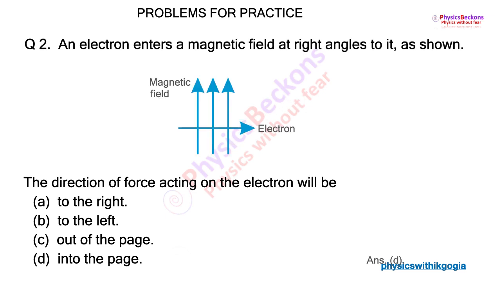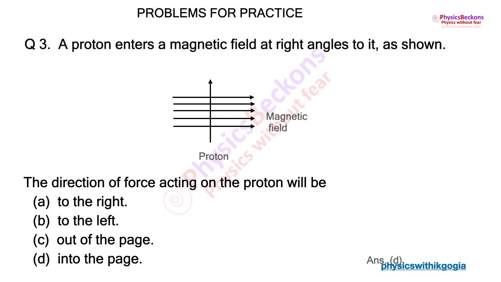Another example, the third; these are problems for practice. Say we have a proton entering the magnetic field perpendicular to the direction of the field. Since the proton is moving upward, the current will also be upwards.